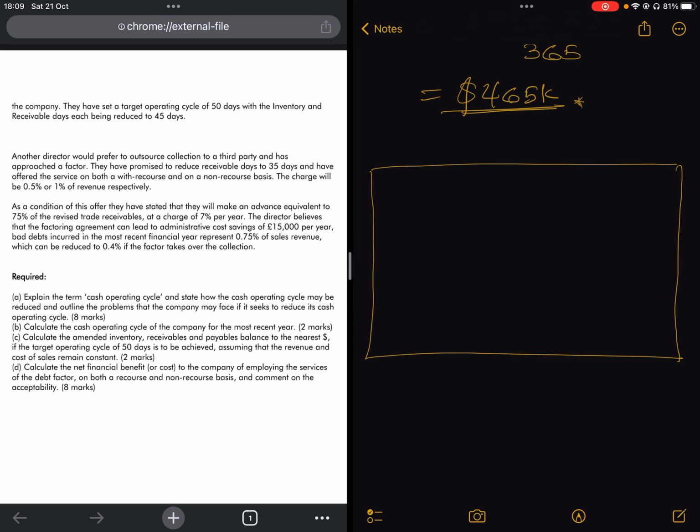Yeah. So you're going to have the cost attributable to financing account receivable. Remember, we said there are three major costs.